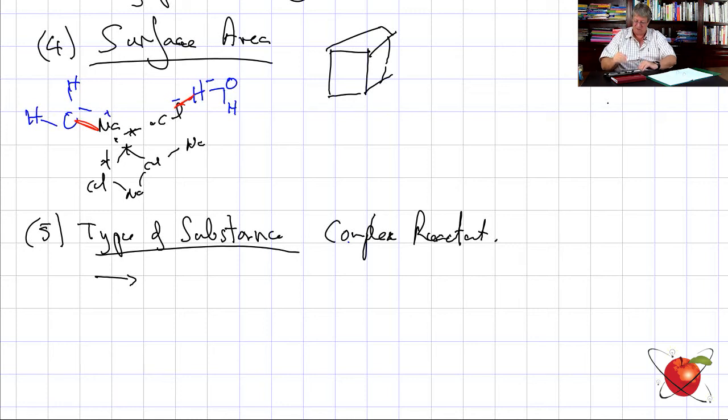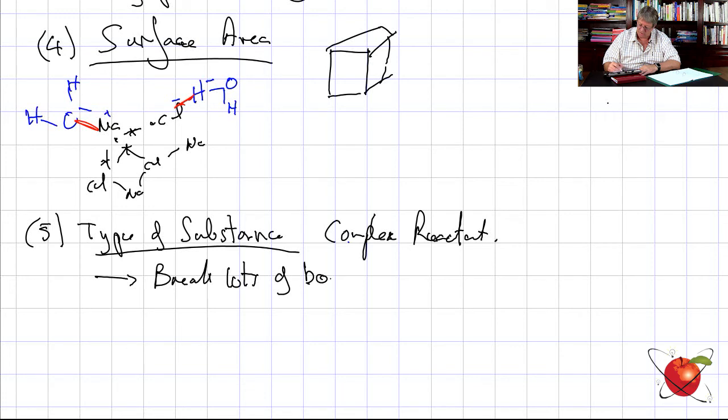That's what we're talking about. We need to break lots of bonds, right? Hydrogen, nitrogen, just had to break those. Others, I might have to break lots and lots of different bonds to actually get the reaction to occur that we want to occur. Okay? That's going to do that.